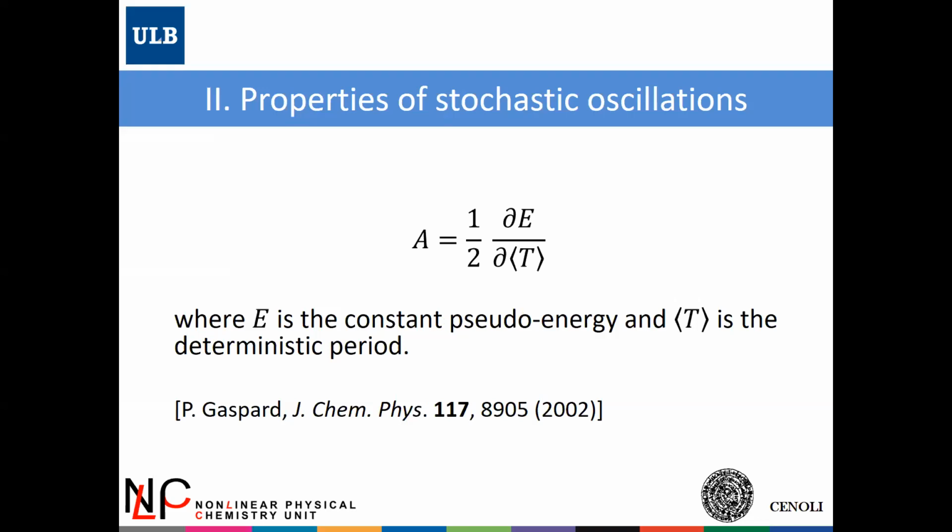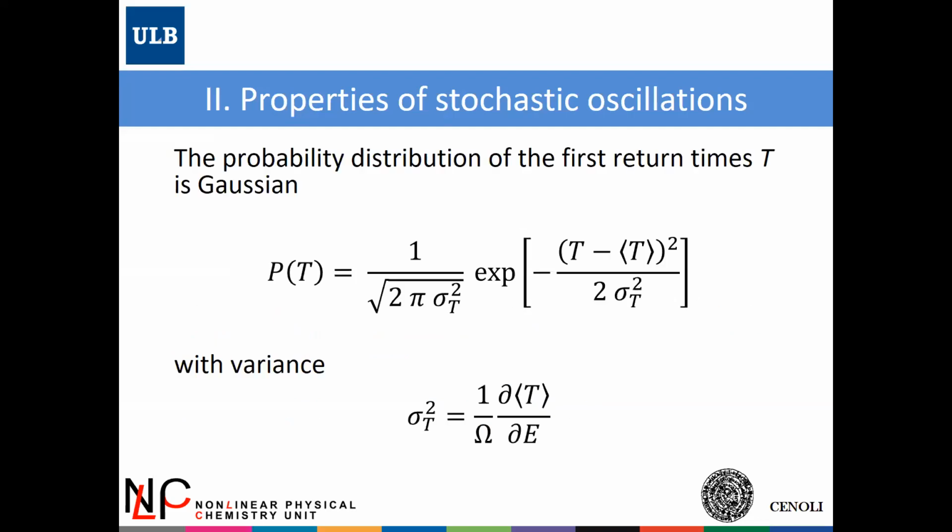But even if we cannot compute exactly how much A is, we reach the conclusion that the probability distribution for the first return times, so this is for R equals 1, is going to be Gaussian because we have quadratic deviation from the limit cycle. And we have an expression for the variance, but at least that is something we can test.